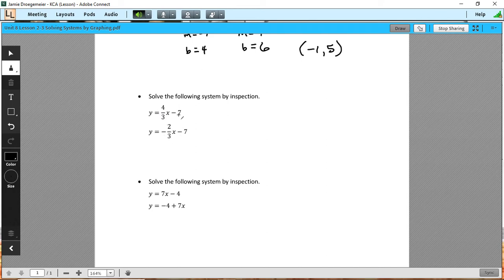But notice they have the same y-intercept of -7. And so a y-intercept has an x value of 0, and then that y value would be -7. They both have that same point, and so that would be the solution, or the point where those two lines intersect.